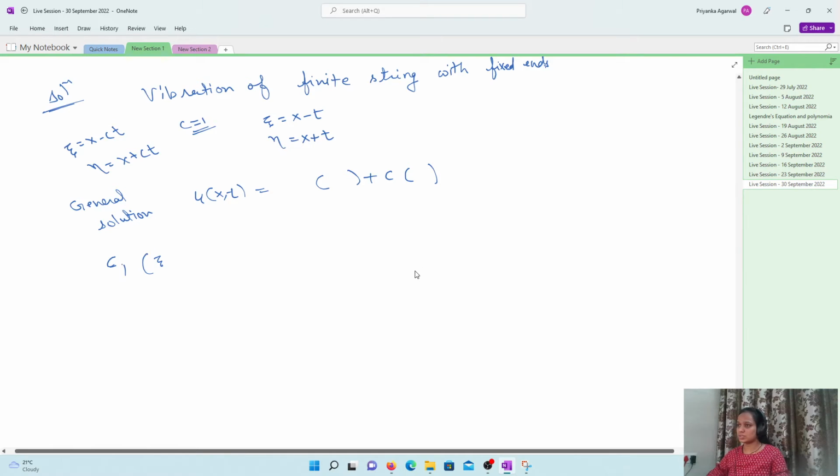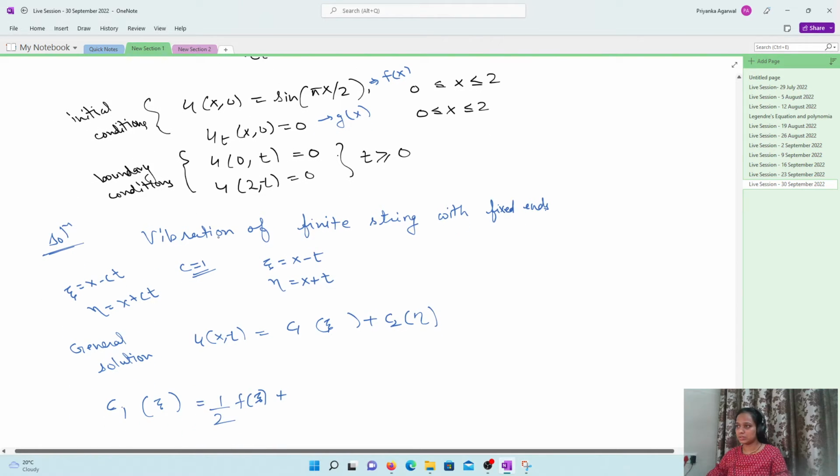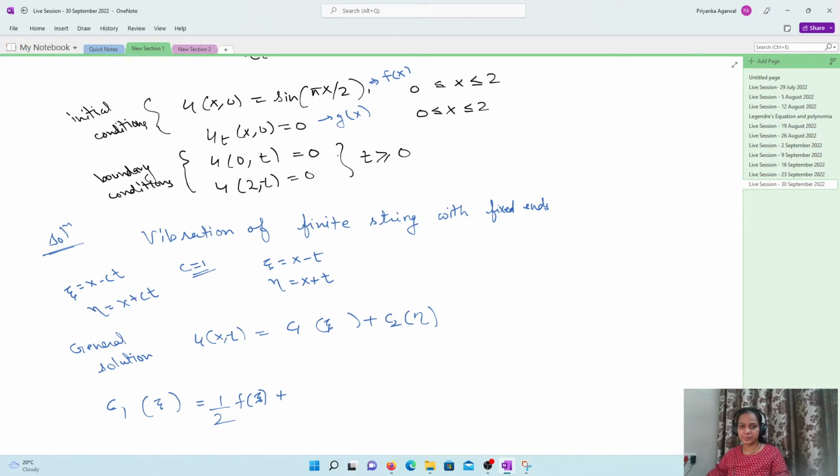So by sticking to this convention, we have C1 of xi, C2 of beta, and C1 of xi can be written as 1 by 2 f of xi plus, in this case, K by 2.